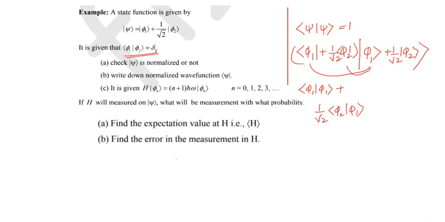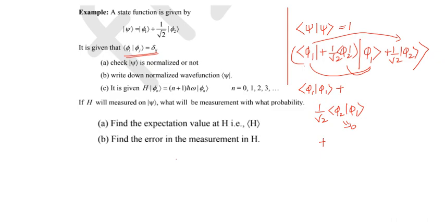This is equal to 0 because <phi_i|phi_j> equals delta ij, so it is orthogonal, so 0. The third term, phi 1 into phi 2, again you can say it is 0, isn't it?